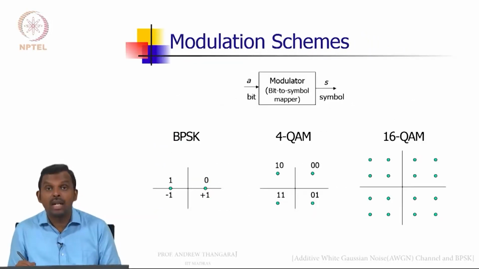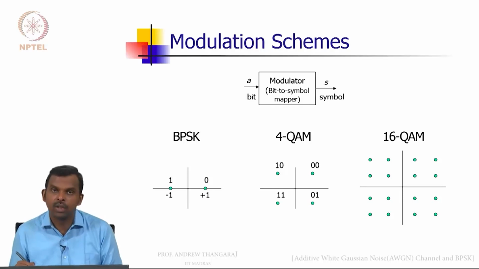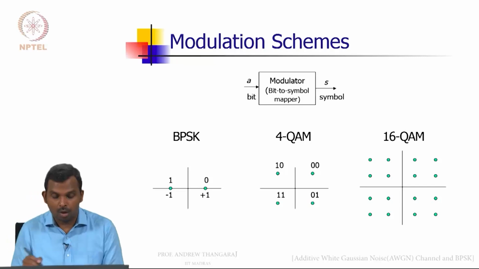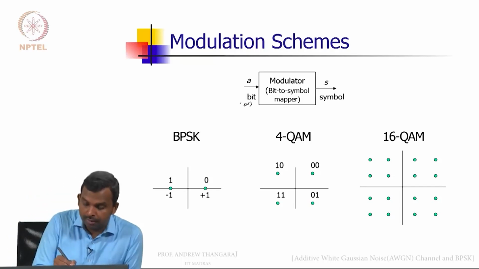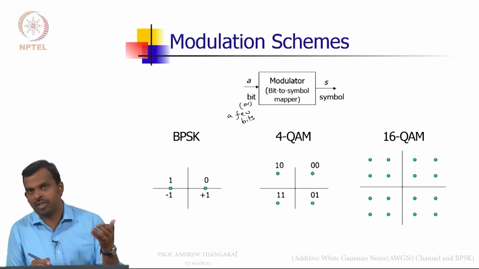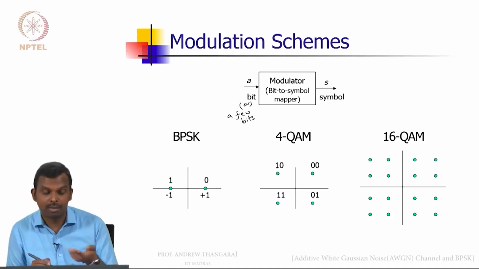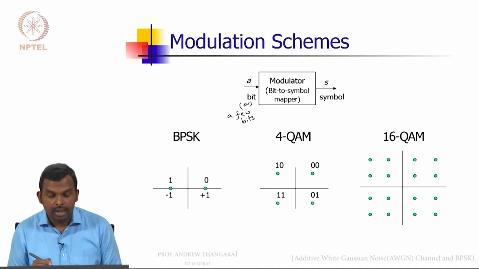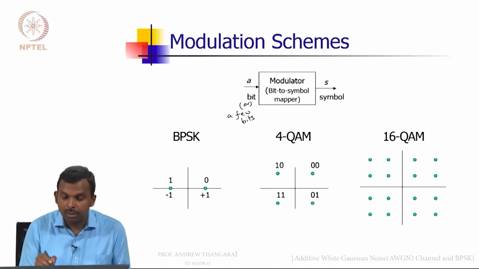Okay. So, what are the various modulation schemes that are used in practice today? Okay. So, like I said, you have a bit or maybe a few bits. A few could be 2, 3, 4, 5, 6. Today people use even 10 bits sometimes for doing modulation, and you take these bits and convert them into a symbol.